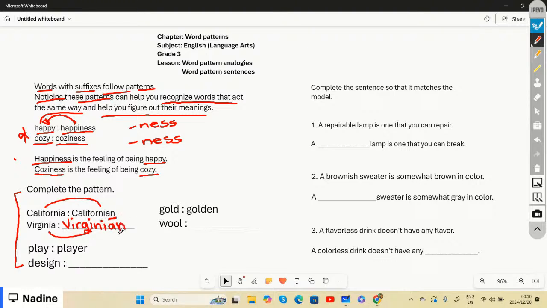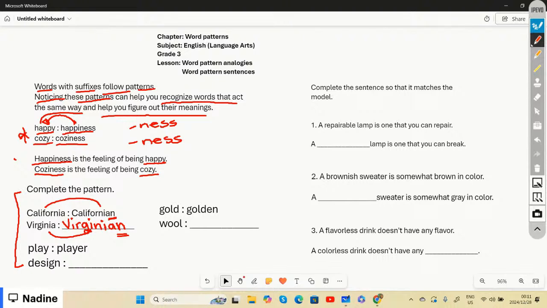Well done. So all we did was we added the suffix in to that word to basically show us the word pattern. That is the words with the suffixes. In the first two words, we added the suffix in, and that basically helped us to follow the pattern. Also, we were able to find the meaning of the word: you are from California, that makes you a Californian.